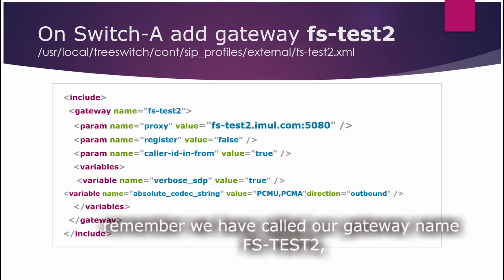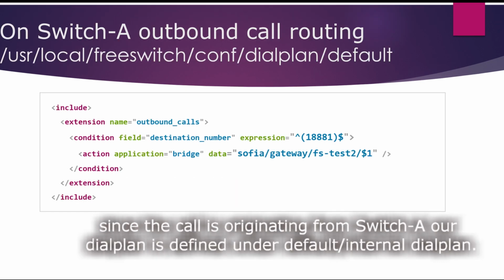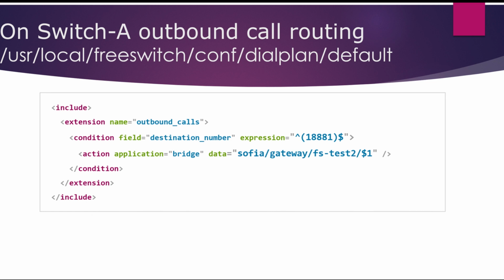Remember that we have called our gateway name FS-test2. Now we have to go under the dial plan. Remember, since the call is originating from within switch A, our dial plan will be defined under the default dial plan or the internal dial plan.